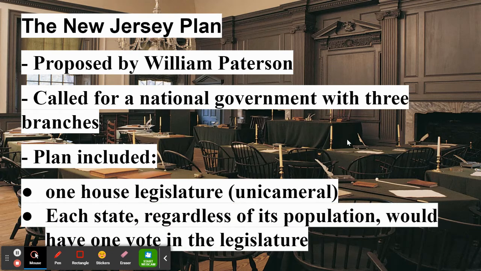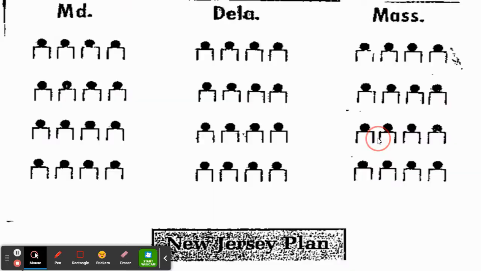It would not be based on state population, but each state would get one vote in the legislature. So again, the New Jersey Plan was based in equal representation in Congress.